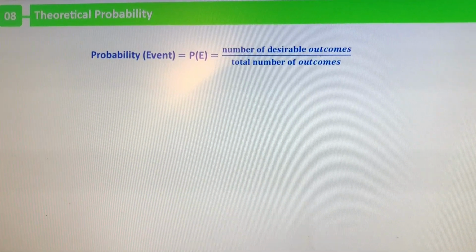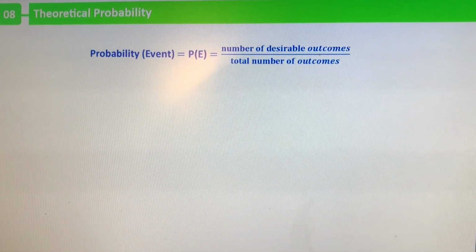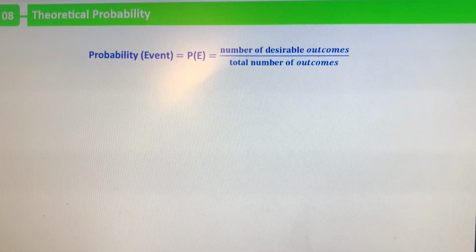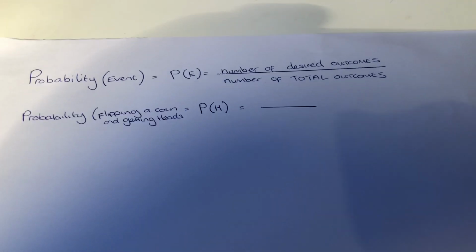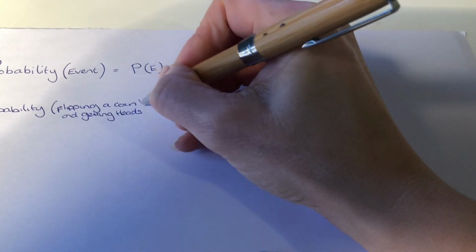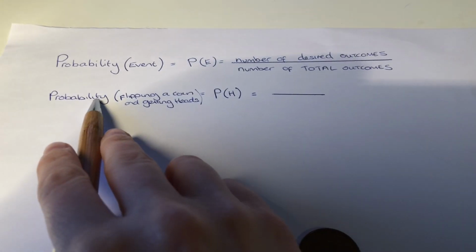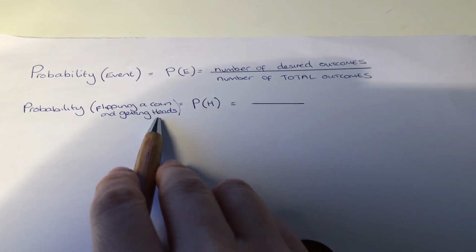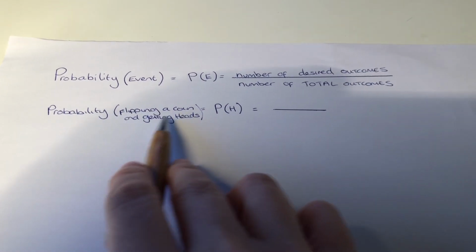And we've done quite a bit of that so far this week when we were looking at sample spaces. So if I was to apply our formula to our example of flipping a coin, so if I want to find the probability of flipping a coin and getting heads, well, that's a lot of writing.